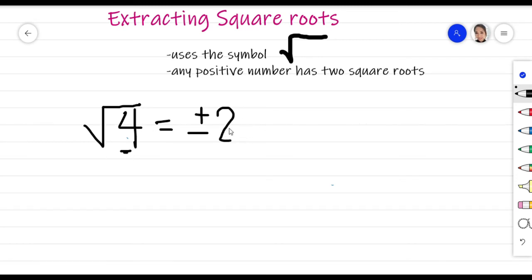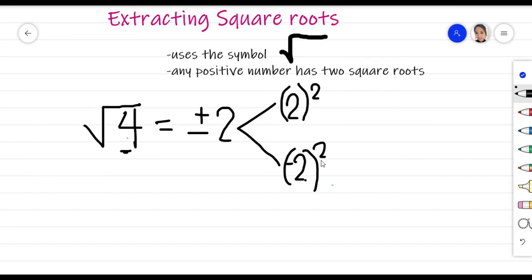And the numbers that we can find are positive 2 and negative 2. Since positive 2, if we square it, it's equivalent to 4, right? And if we square negative 2, it's still equivalent to 4. That is why the square root of 4 is equivalent to positive 2 and negative 2.